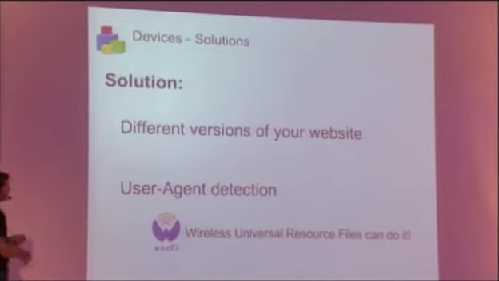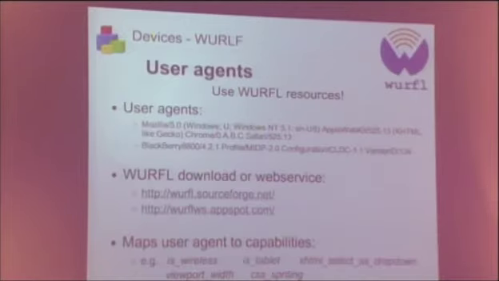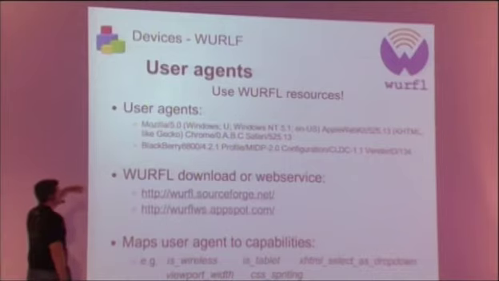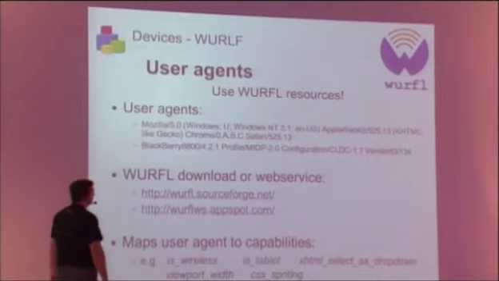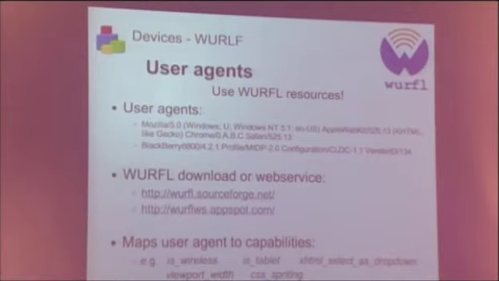The user agent is a string, actually an HTTP header, that's added to every query by the browser. So if you're using Chrome, for example, next slide, Chrome is going to add this string. This is the user agent that Chrome sends inside the HTTP header.